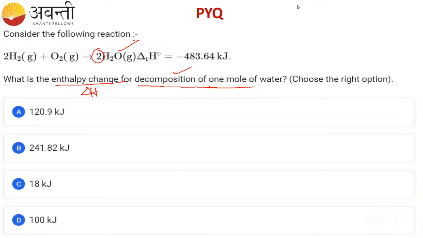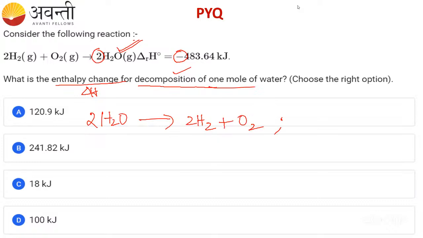So what I have to do first is reverse the reaction. Okay, so all of you please reverse this reaction. If I reverse this reaction, I will get 2 moles of H2O giving 2H2 plus O2. Since I have reversed this equation, I have to change this sign from minus to plus.